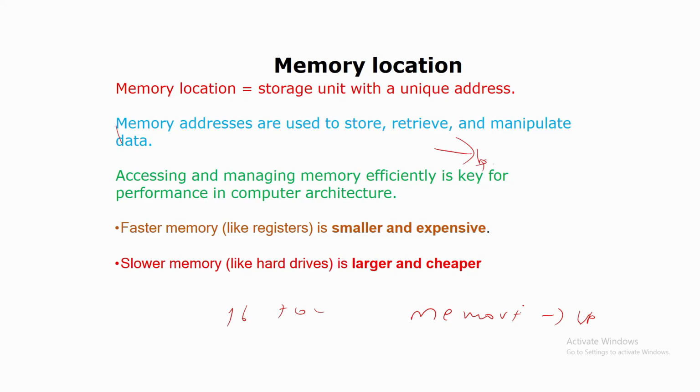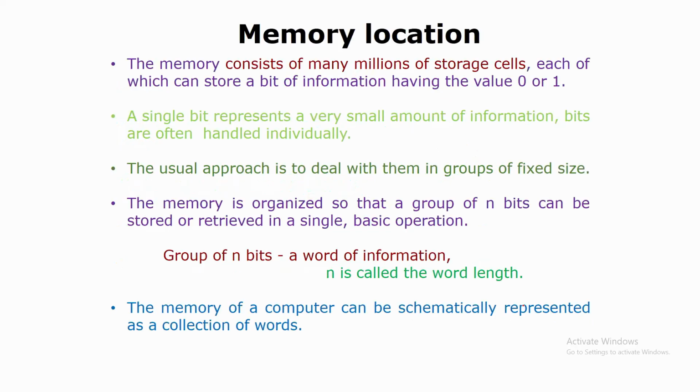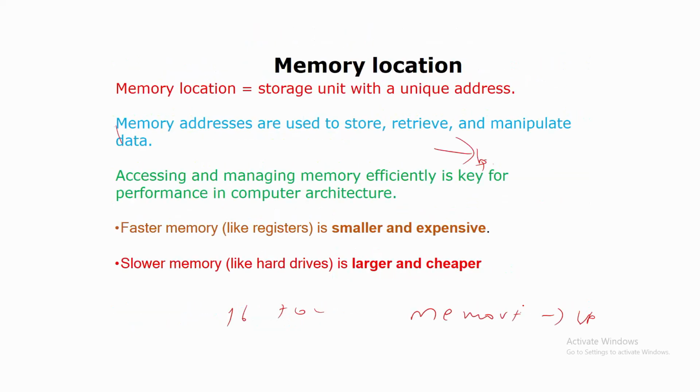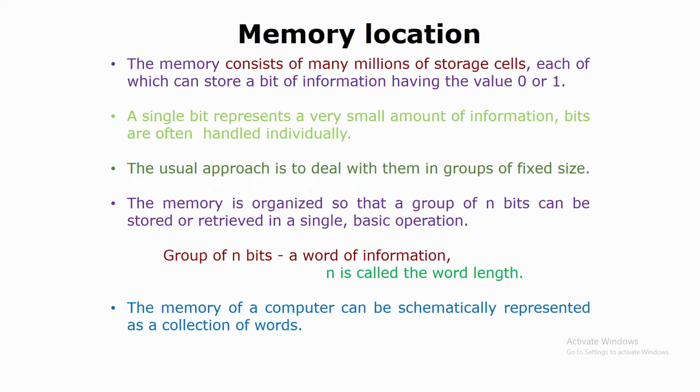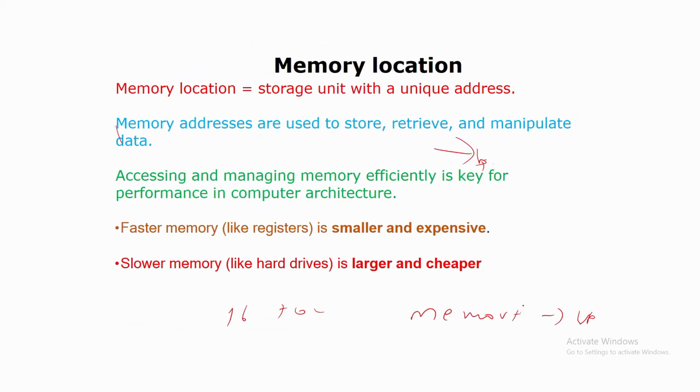The next thing we are going to deal with is word length and word bytes. Word length relates to the 16 to 64 bits we already saw with respect to memory location.